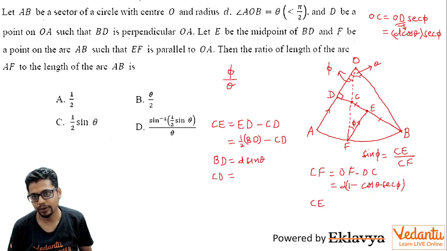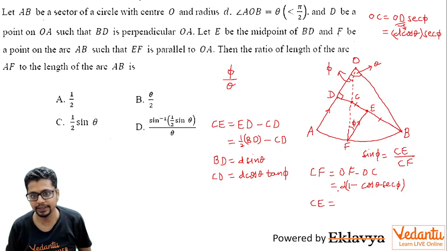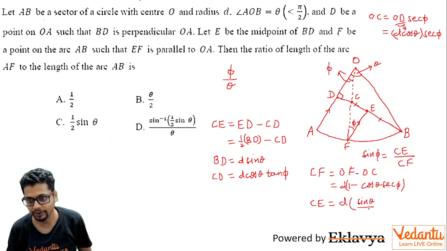Again considering triangle OBD, you have OD is d cos theta, and since this angle is phi, you get CD to be d cos theta tan phi. So here CE is essentially half times BD minus CD. So you have d times sine theta divided by 2 minus cos theta tan phi.